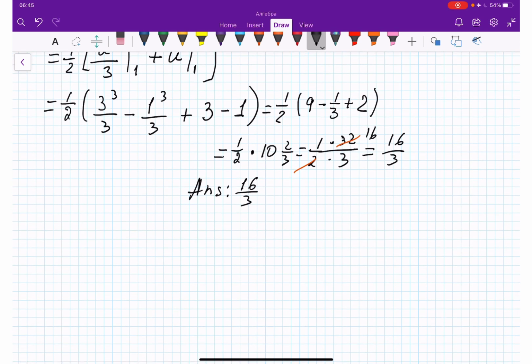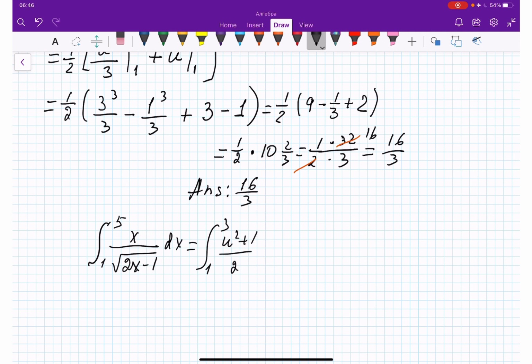Okay, let's do a geometrical interpretation of this. The integral between 1 and 5 of x over square root of 2x minus 1 dx is equal to the integral from 1 to 3 of u squared plus 1 over 2 du, right? This is the change of variable we did.